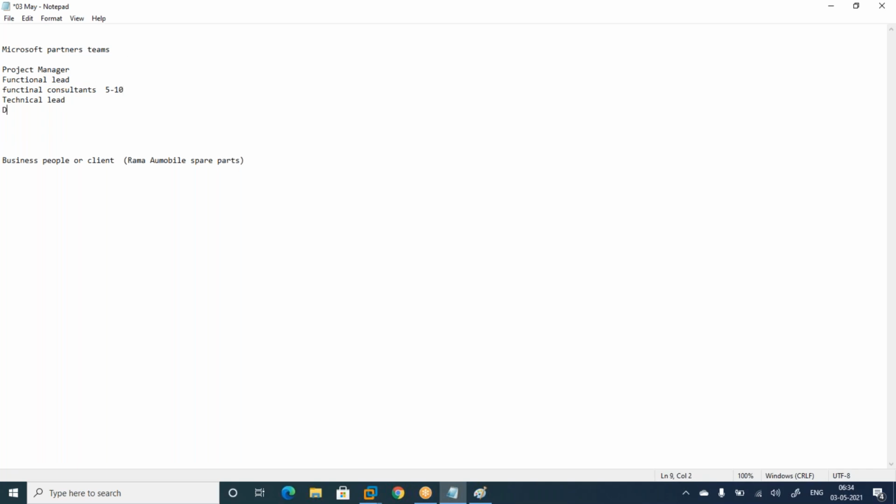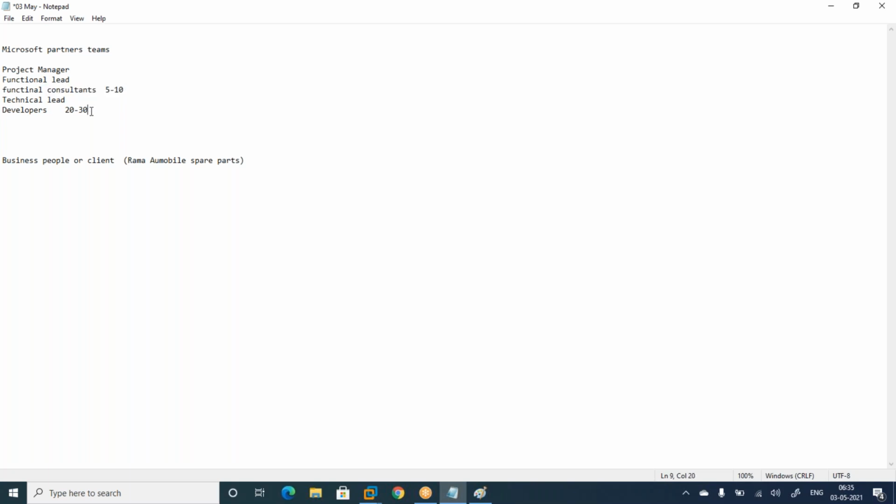And next, developers, around 20 to 30 or 40, depending upon how big the functionality is. Usually the developers or technical team will always be bigger than the functional people. What I saw in my career, it is a 1:2 or 1:3 ratio.